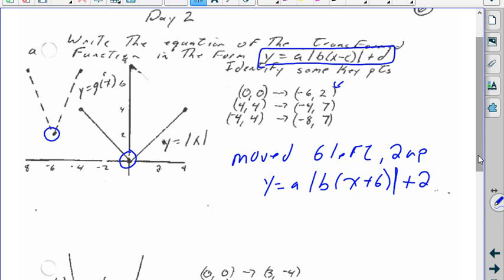So I'm going to assume that this graph only vertically stretched. We can see it wasn't.